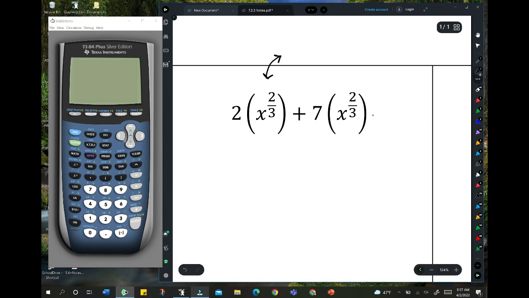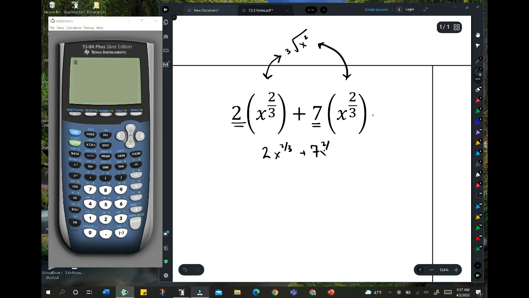Another example here. Remember that exponents, you need to constantly be remembering that these are the same thing as radicals. This is really the third root of x squared, and same with this one. Okay? So we really have the same root, they're just disguised. So essentially we have 2x to the 2/3 plus 7x to the 2/3.